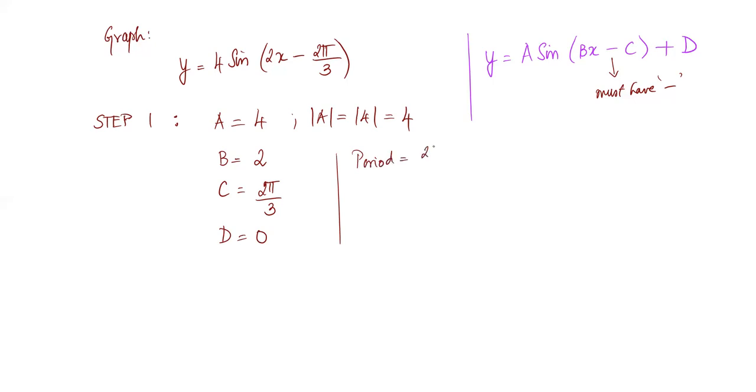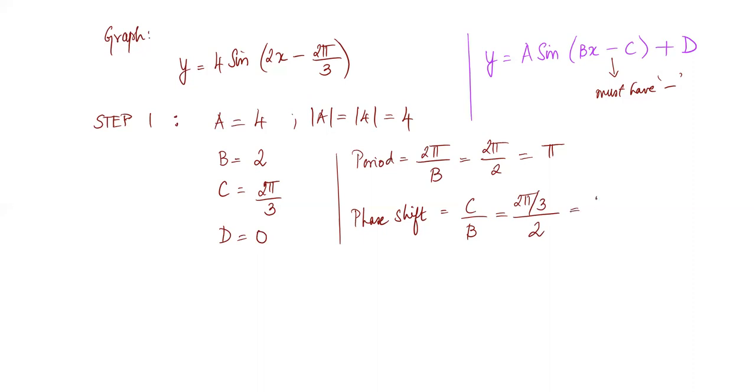Period is 2 pi over B, and 2 pi over 2, which is pi, very similar to the previous one. And then we have phase shift, which is C over B. That's 2 pi over 3 over 2, because B is 2.